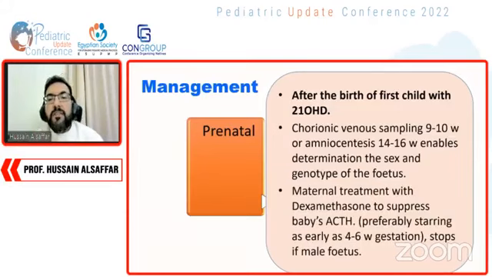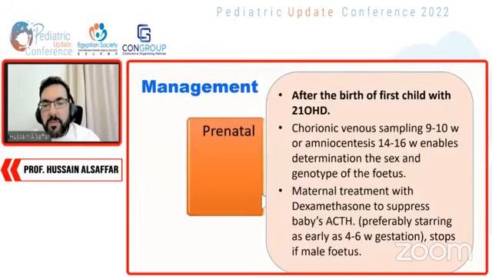Now, if there is a chance for this baby to have a CAH inside the womb, there are theories talking about suppressing mom's steroids to suppress baby's ACTH. So let's give the mom a high dose of steroid, like dexamethasone, to suppress baby's ACTH. And now this is an ethical dilemma.